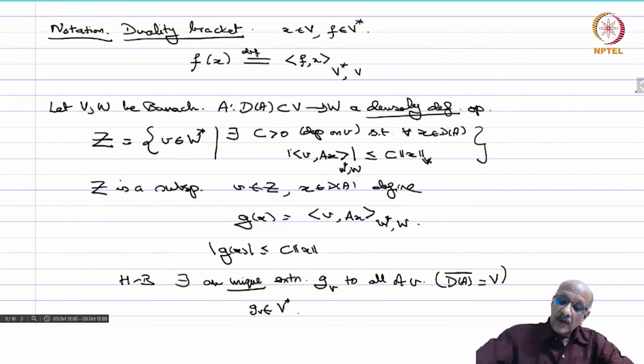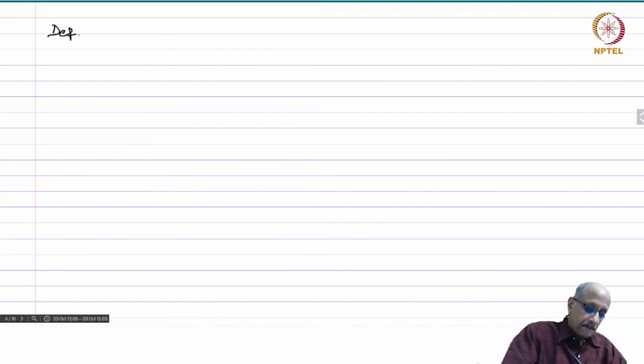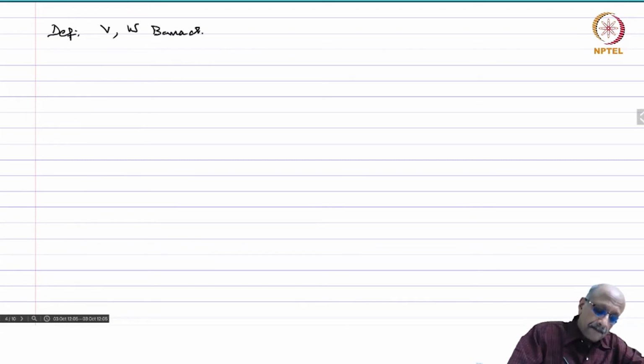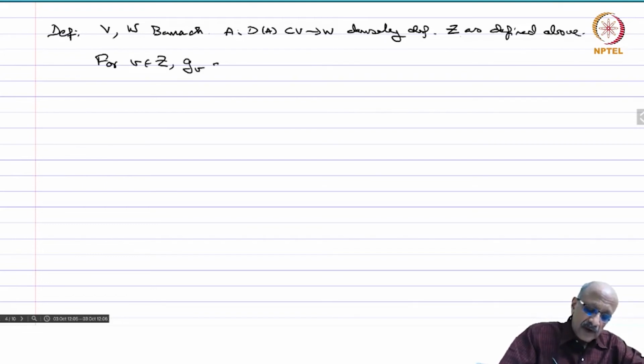Okay, so we have taken v in Z. Now we will make a definition. Let V, W be Banach, A from D(A) in V taking values in W densely defined, Z and g_v as defined above, and for v in Z, g_v as defined above.